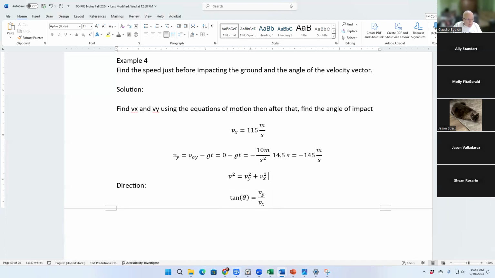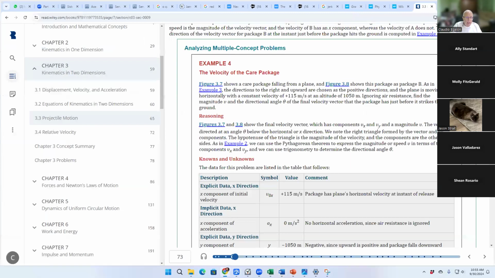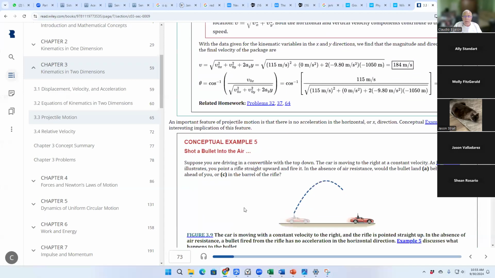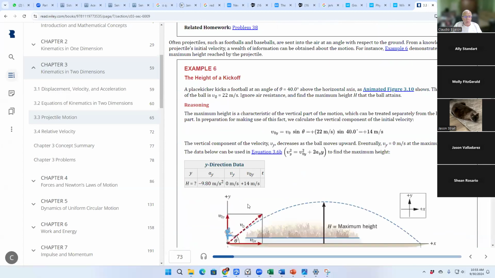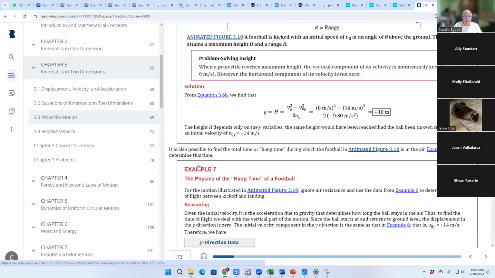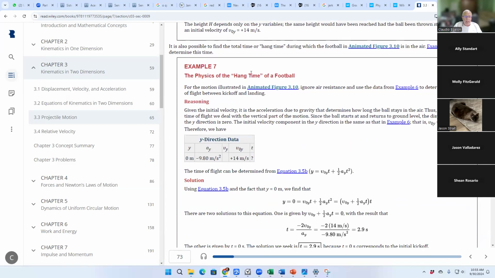Let's keep on going. Let's see, what time is that? 10:55. And let's see, conceptual. Here you go. The guy kicking the ball behaves like a projectile, okay? Physics of hang time of football. Hang time means how long the football player stays airborne.